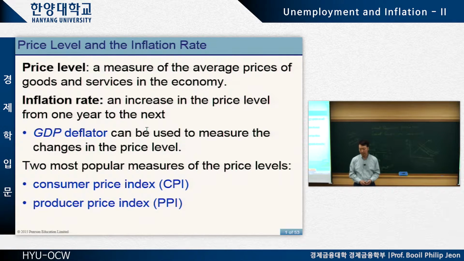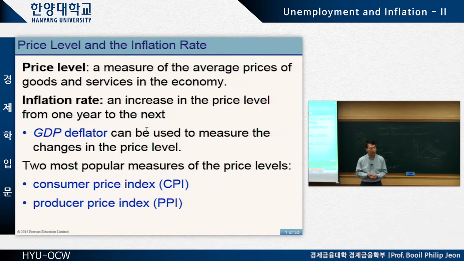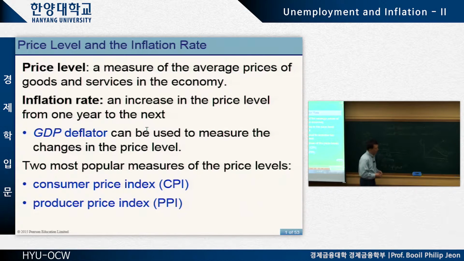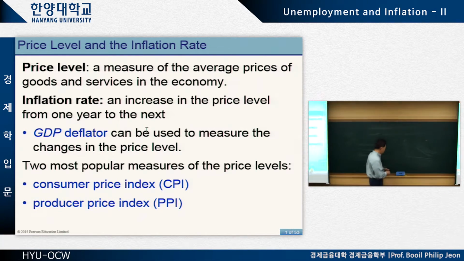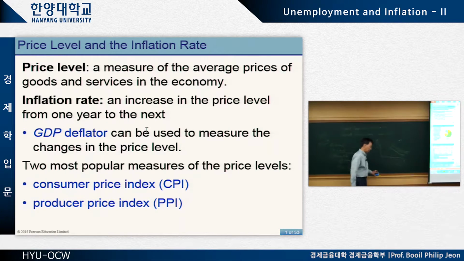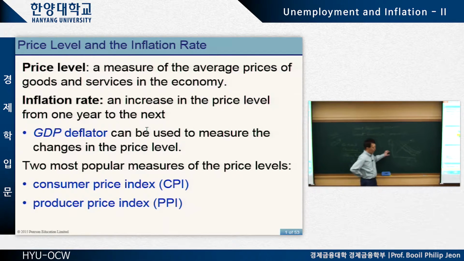The debt level increases, and when the debt grows too much, they cannot handle it. People commit suicide. So some economists say we have to focus on the unemployment rate.